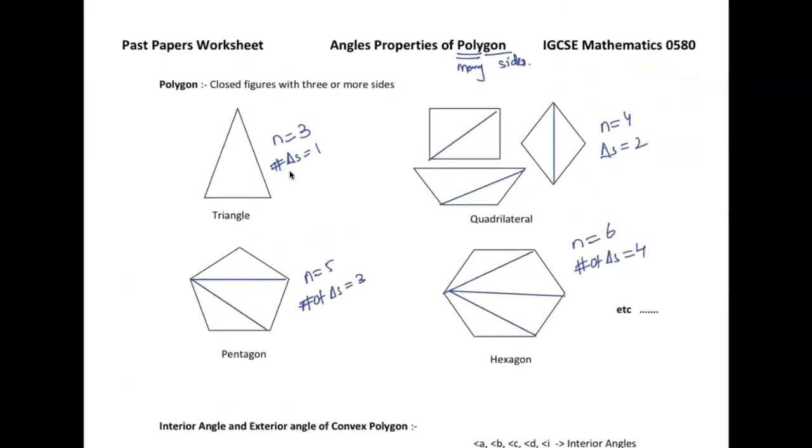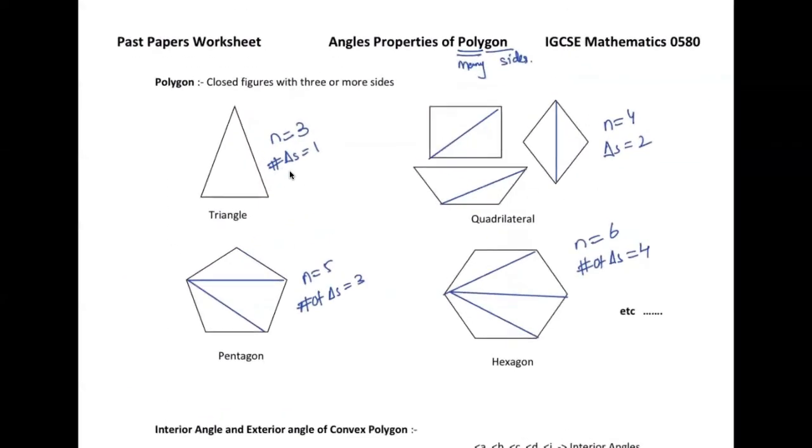Now, if I ask you what is the sum of all the interior angles of a triangle, you are going to say, sir, you add all the angles for a triangle, the sum would be equal to 180 degrees.